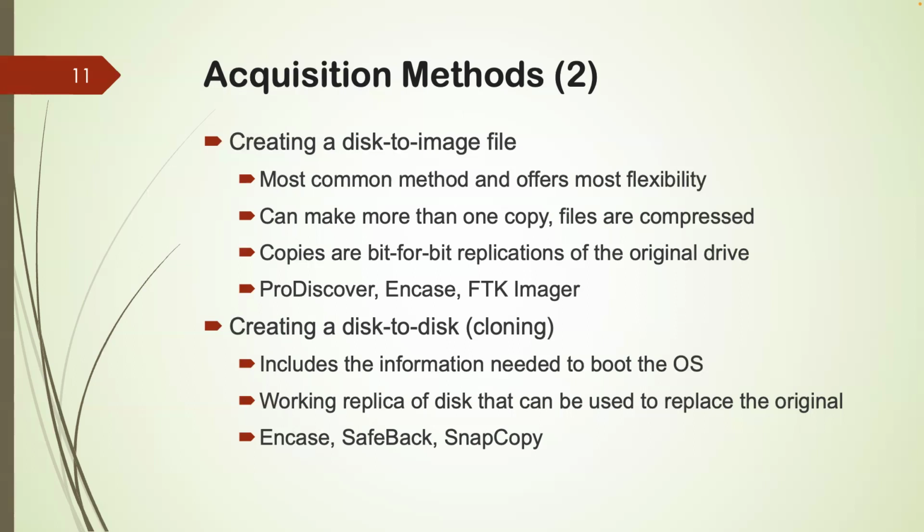So disk to image, why is it more popular? Because first, we don't copy the empty spaces, so the resultant file is smaller in size, and we can save some space. The second is that this copying mechanism is a bit faster as compared to disk cloning. And the third feature that favors it is that in this operation you can also compress the data.